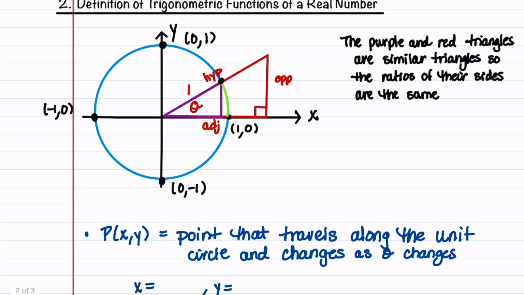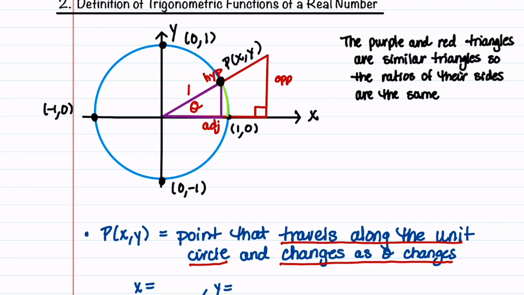P of x y is a point that travels along the unit circle and changes as theta changes. Let's denote our point P on our picture as P of x comma y. And that's our point right there.